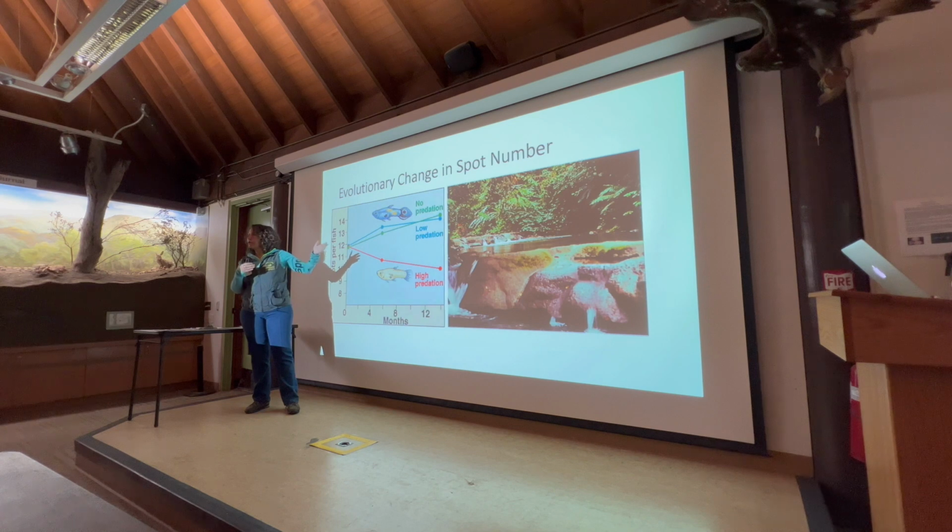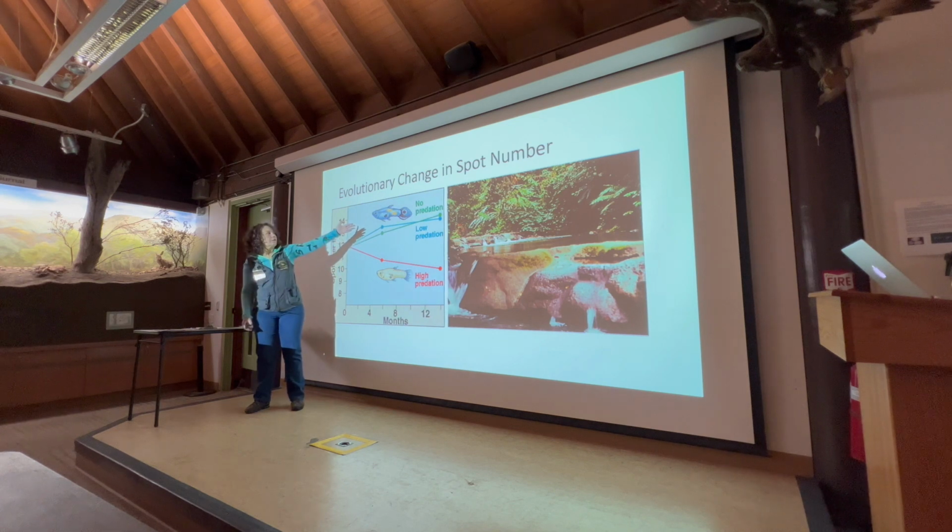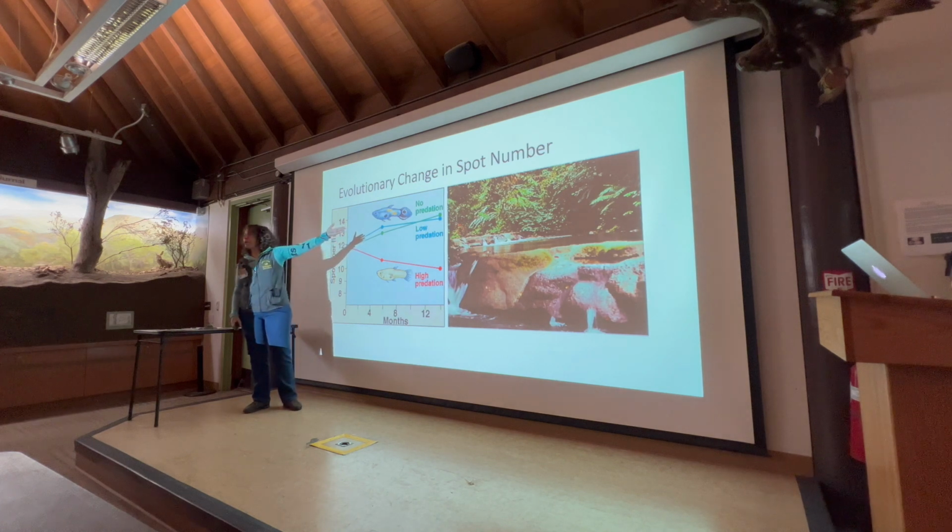And where there's low predation, the ones with lots of spots that are beautiful and attractive to the females are more successful and have more offspring. See? So it's really about who has more offspring over time.